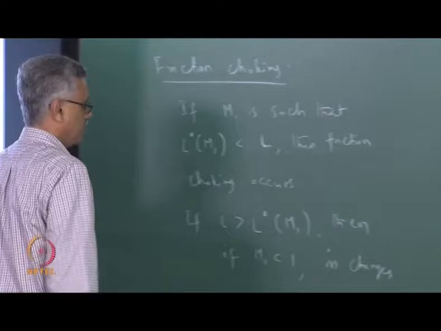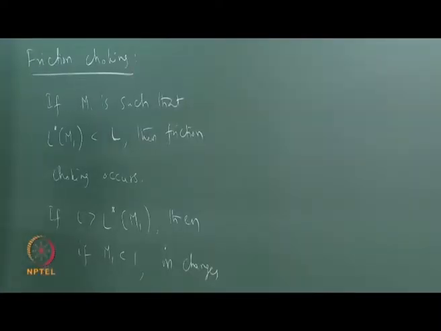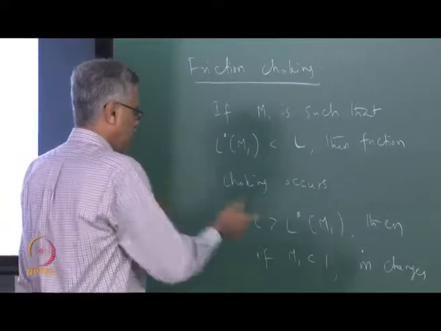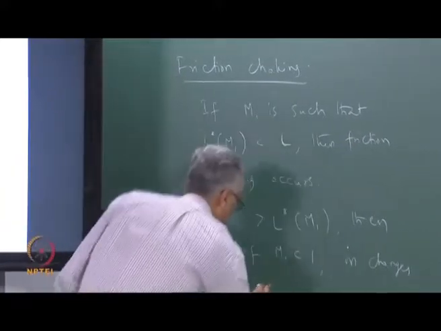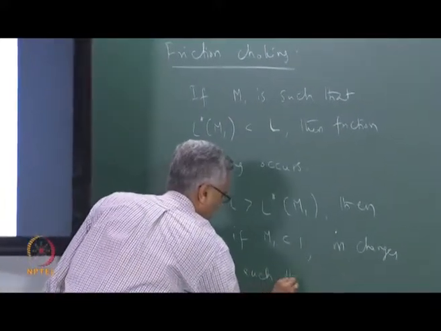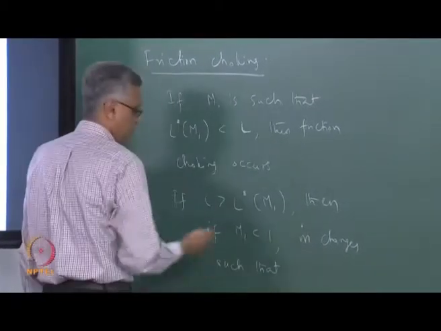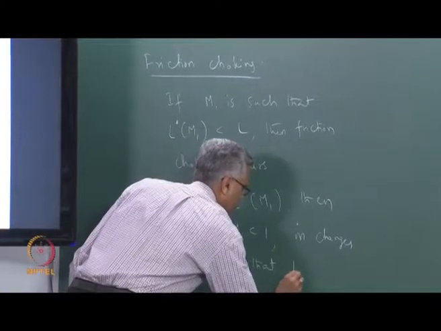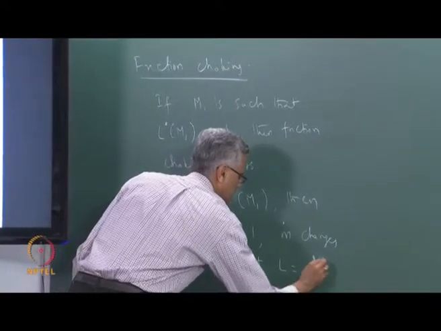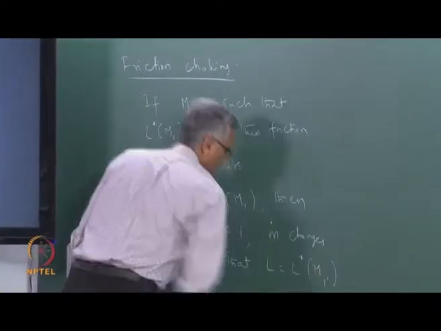So, we saw that in the subsonic case the mass flow rate through the duct changes to accommodate the new length, such that L is equal to L star corresponding to the new operating condition.